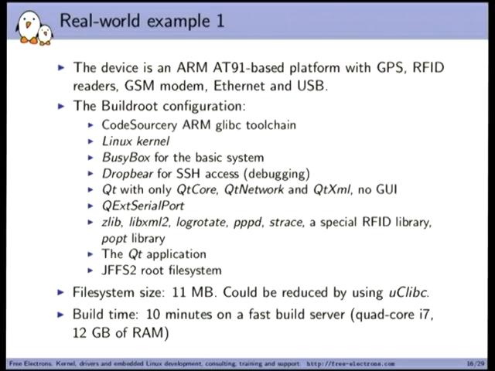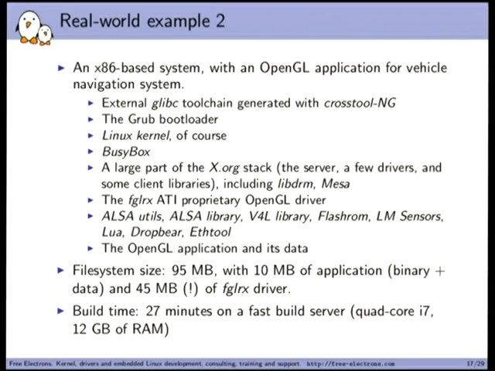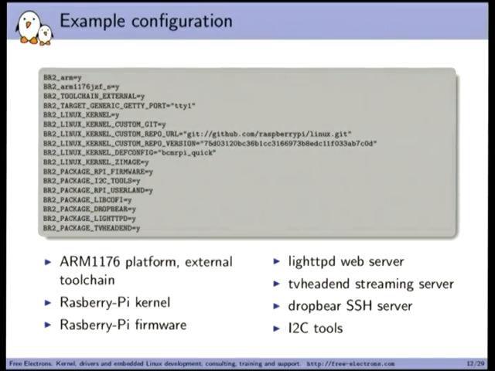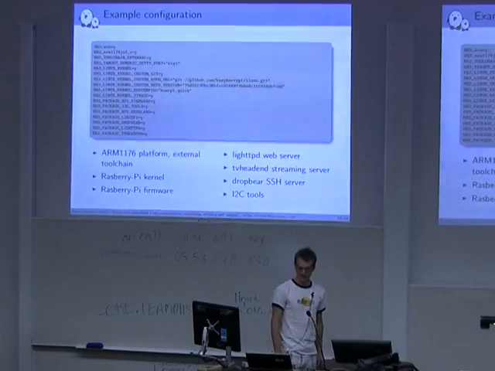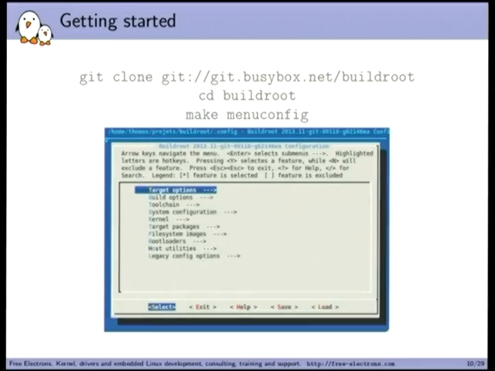So as you can see, it's going to be maybe 30, 40 lines or something like that. And this one is a little bit bigger because it has x.org, but it's going to be maybe 60, 70 lines of config, but you don't write it. I mean, nobody writes, well, I do write them from time to time, but nobody writes that thing. It's generated by menuconfig. So you just navigate in the menus here and select whatever you want, just like when you configure your kernel, and you don't have to worry about it.